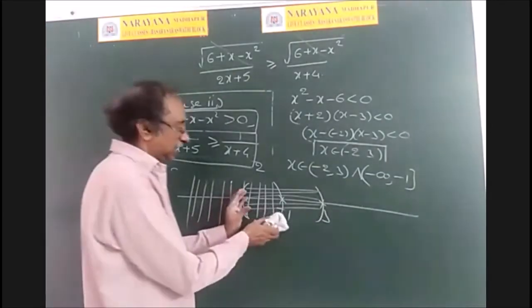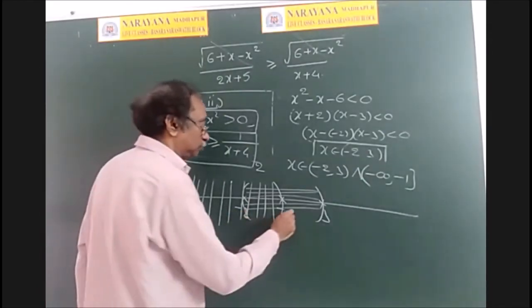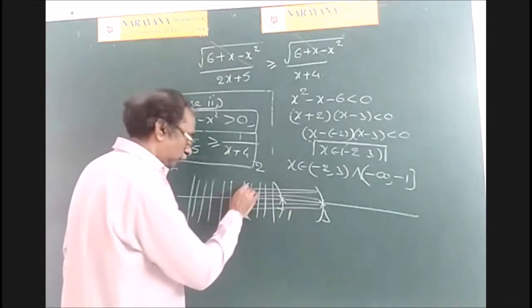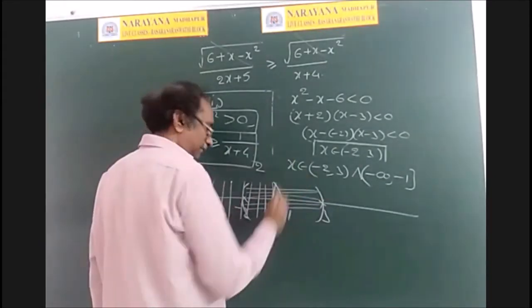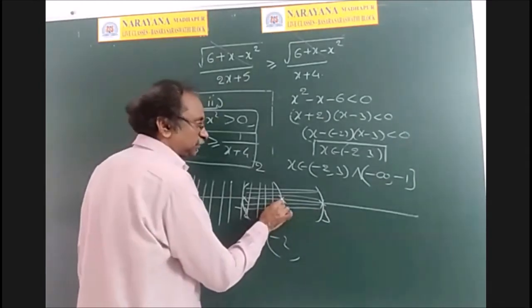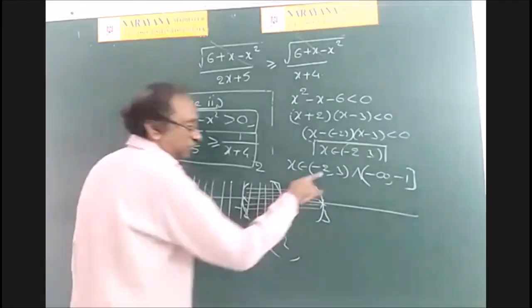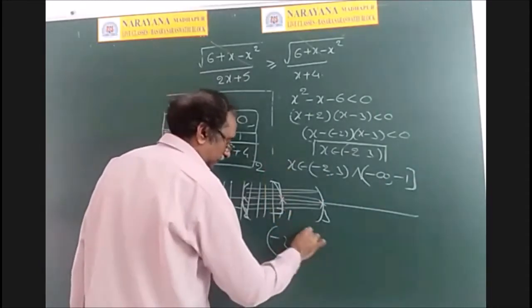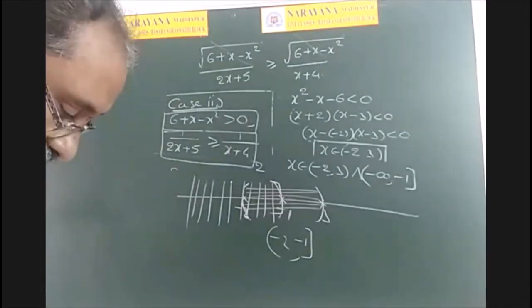That is the part which contains both horizontal lines and vertical lines, from minus 2 to minus 1. Therefore, at minus 2 it is open because there is no minus 2 here. At minus 1 it is closed here, and minus 1 is also on this side, therefore you have to take that. Okay, Akash? Okay, sir. Thank you, sir.